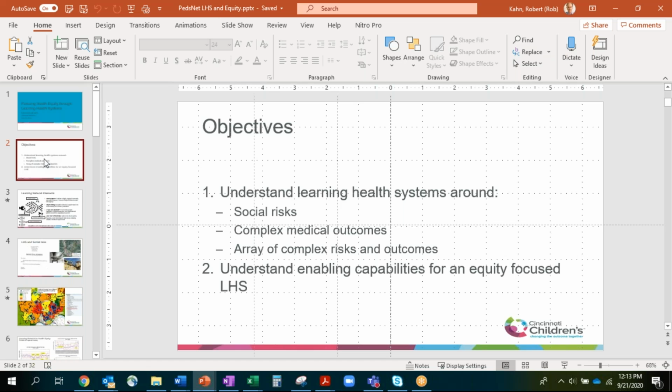I'll tell that story as I go, but the bottom line is Children's Hospital did nothing with equity in 1999, 2000. Jump forward 20 years, and we just spent 6 months with McKinsey developing our next 15-year plan, and community health and population health is one of 4 pillars for the next 15 years.